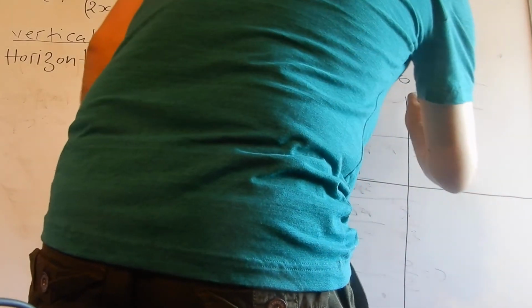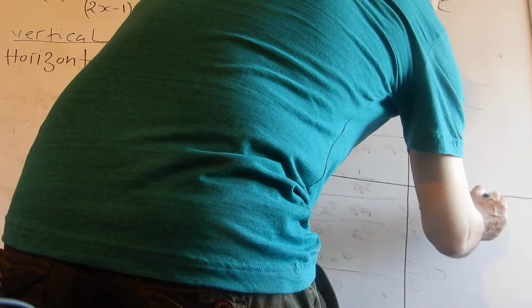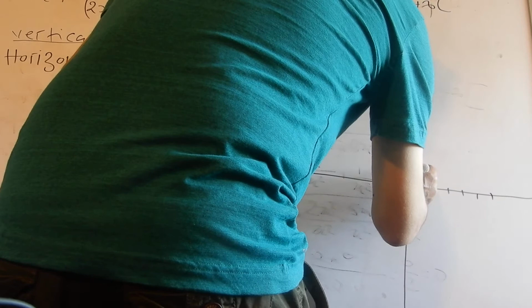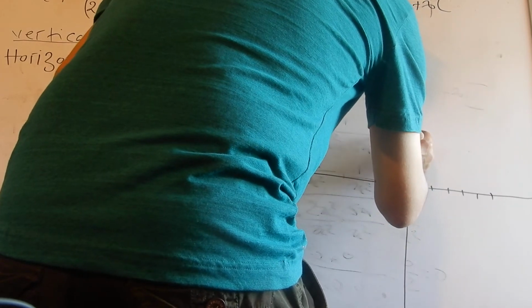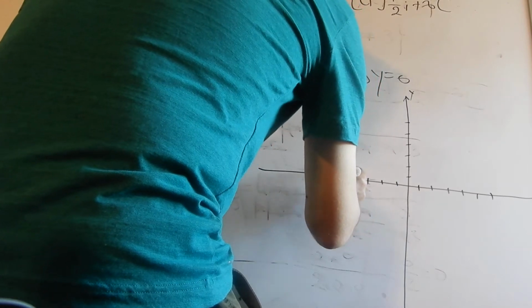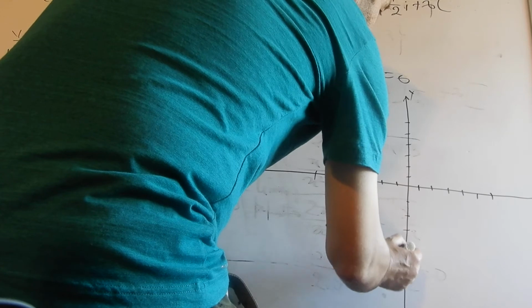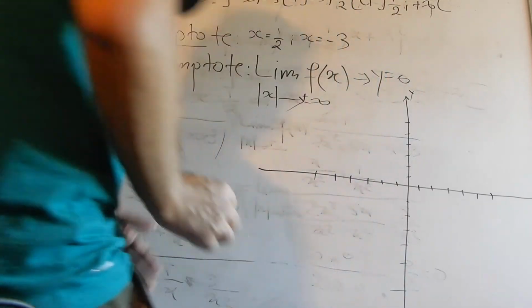This is the x and this is the y. 1, 2, 3, 4, 5, 6, and 1, 2, 3, 4, 5, 6. Minus 1, minus 2, minus 3, minus 4, minus 5, minus 6 on both axes.